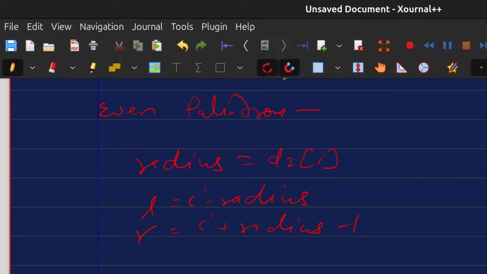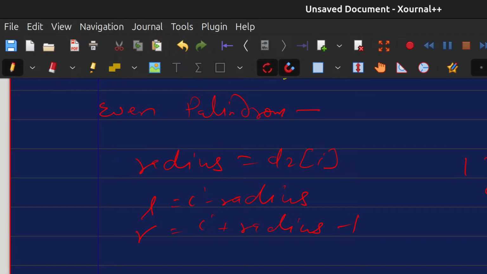For example, we have 1 2 2 1, right, and i is here, i comma i plus 1, right, or we can say i is here and the other is i minus 1. These are centers. i is here. So what is the radius for this? This is 1, right? i minus radius is what?